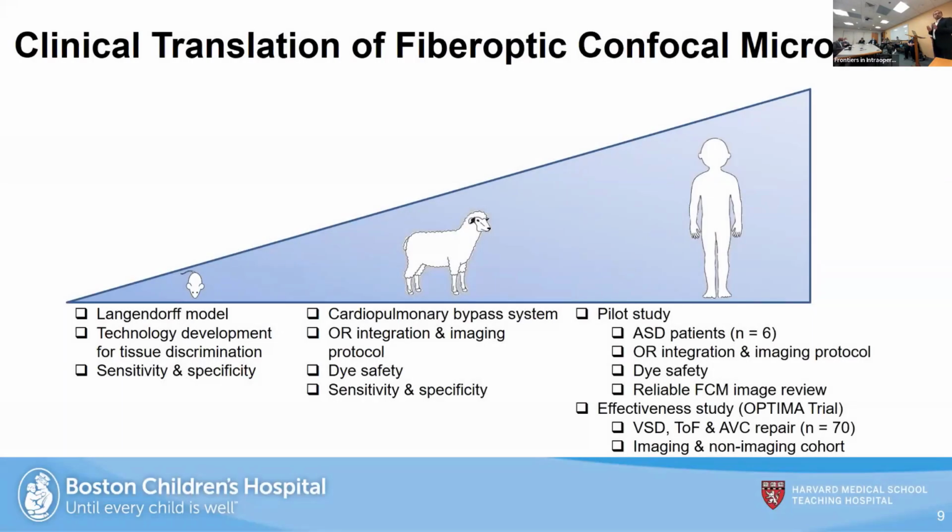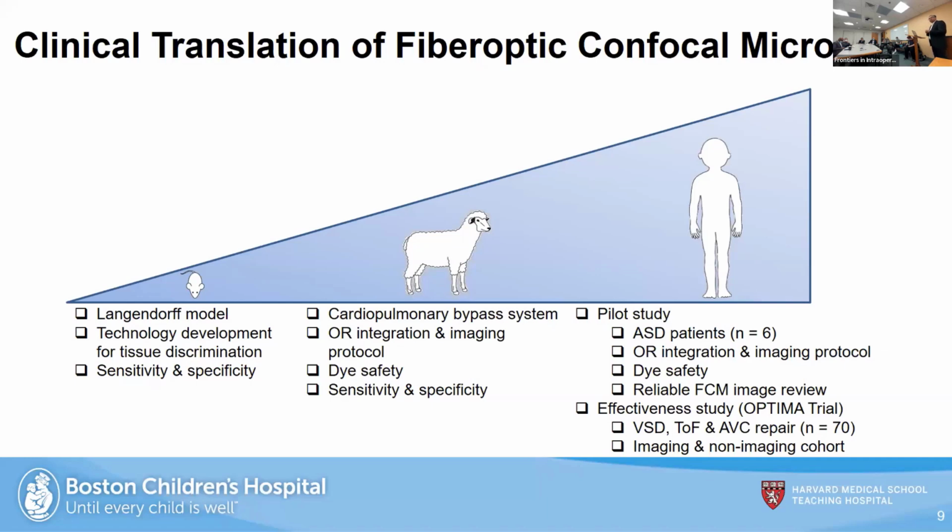So this is basically the roadmap of how we have translated this method from the mouse, the Langendorff model, then scaled it up to a large animal model using cardiopulmonary bypass, where the large animal model gets closer to mimicking the OR conditions.